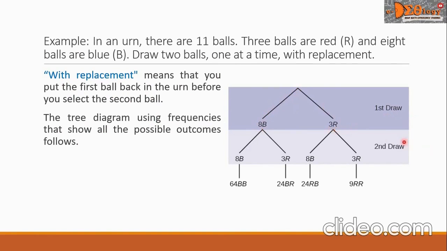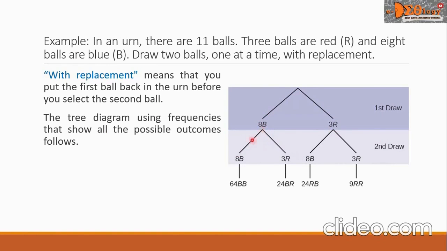On the next level is the second draw. Please note also that the problem says that the first ball is being replaced in the urn. That's why you see there are 2 branches under the blue balls.